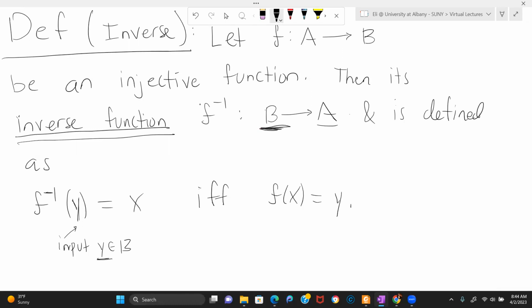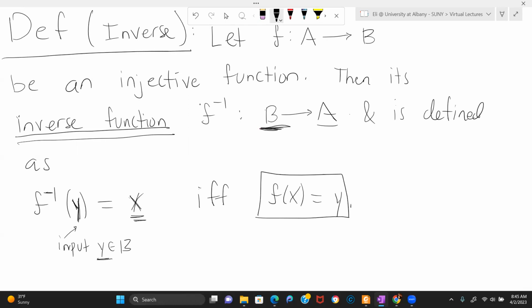I want to know what f inverse does to a given input y. Well, it sends it to some number x. We don't know what x is, but whatever x is, it has to be the number such that this holds. So I give you input y, you want to know what f inverse does to it.